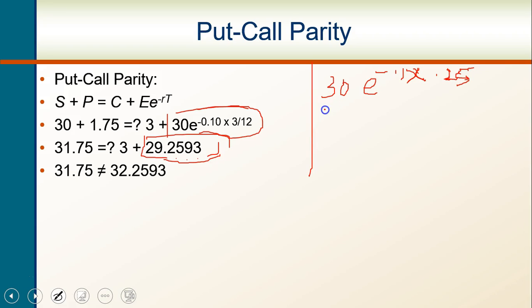So I'm going to record this here, 30 multiplied by 0.9753.